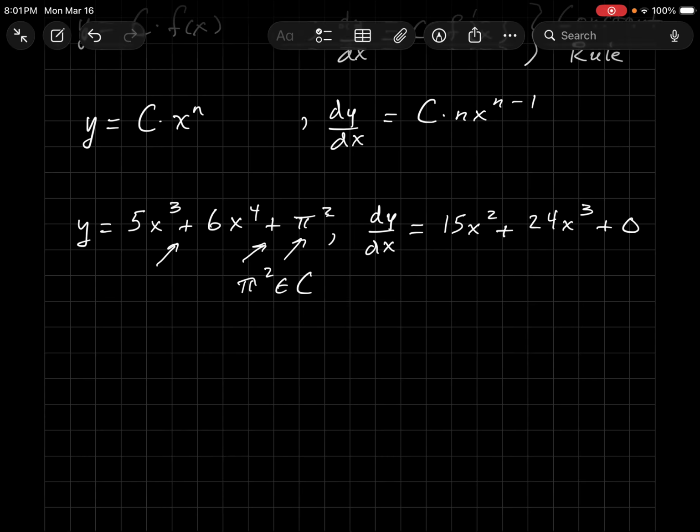We simply took the derivative of each part individually and then added or subtracted them to get the final derivative. That is called the sum and or difference rule. Meaning when we add or subtract functions, we can take the derivative of each part separately.